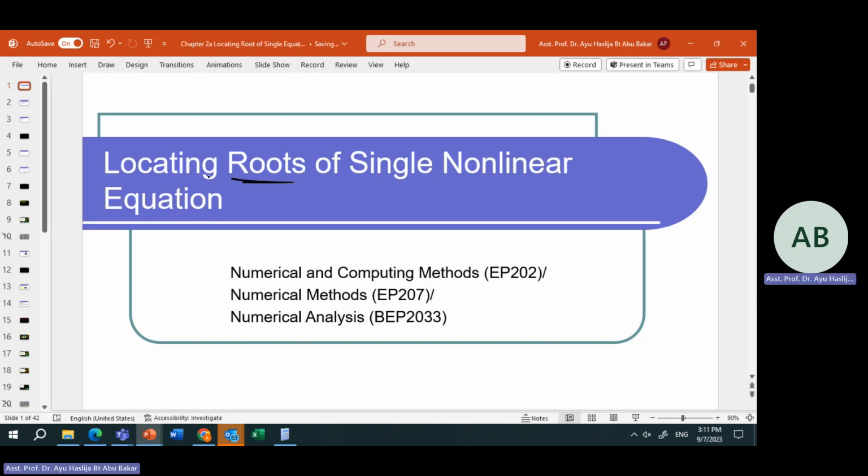Roots here mean the x value when y equals 0. And this topic only involves non-linear equations, x power 2 and above.